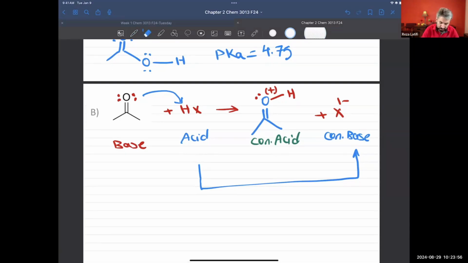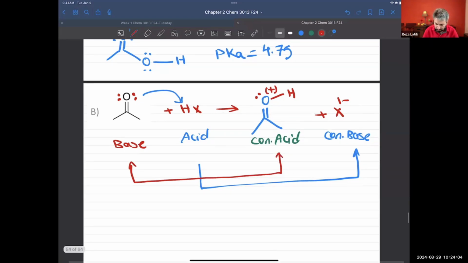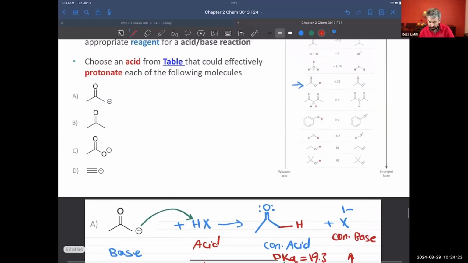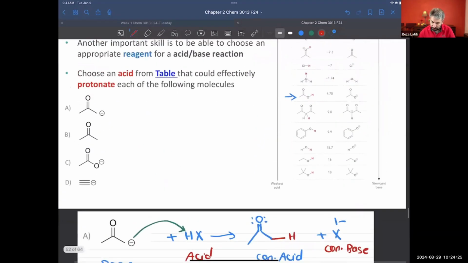What's going to be the pKa? Let's see. The pKa of the product, the conjugate acid, if I go to the table, is minus 7.3.